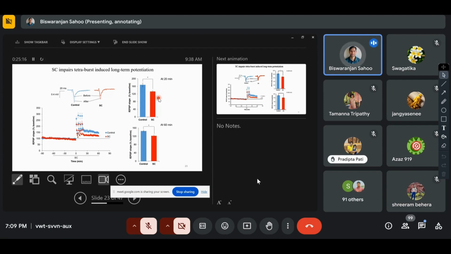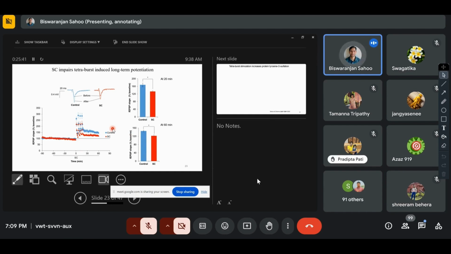There is a significant decrease, and the same after 60 minutes. After 60 minutes the potentiation is still there in the control, around 140, but with the inhibitor there is a reduction. Basically, the potentiation after treatment with the inhibitor got reduced.